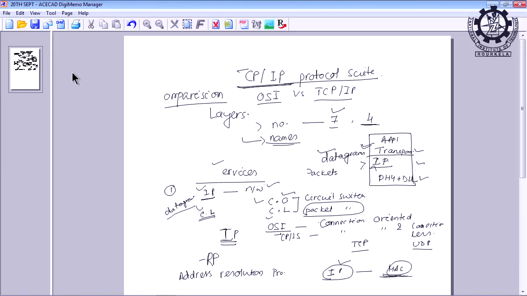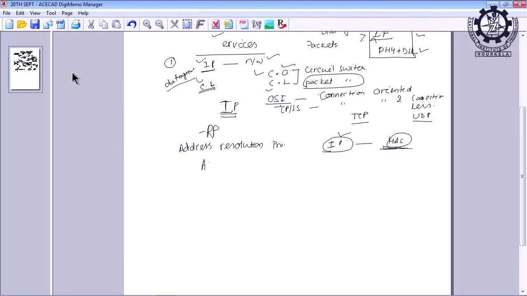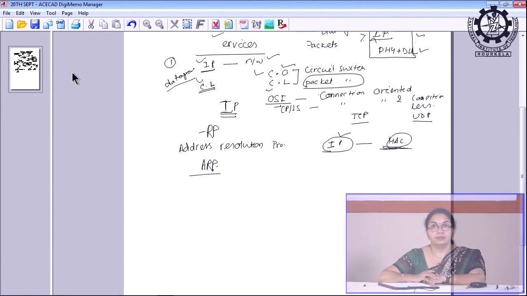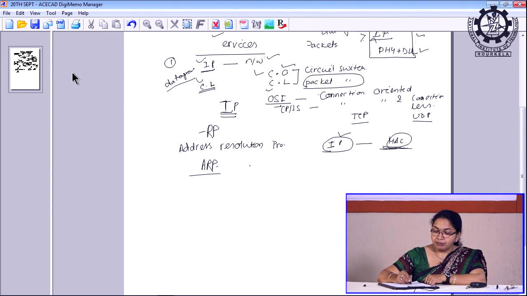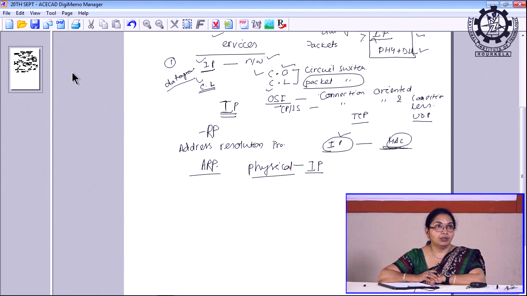The counterpart of this is the RARP, or what we say reverse ARP protocol. What it does is, if the physical address or the MAC address is known to you, then you can obtain the IP address or the logical address of a host using this protocol.